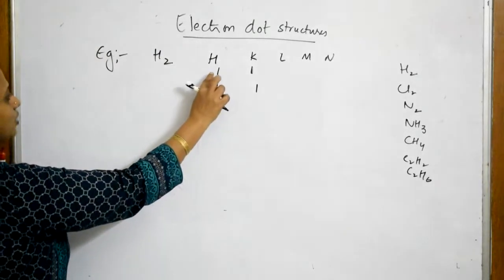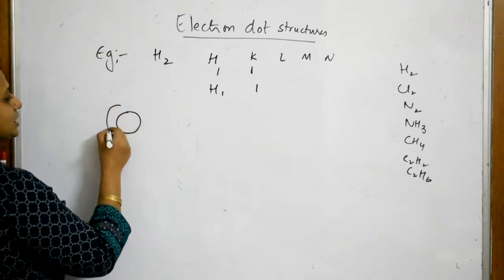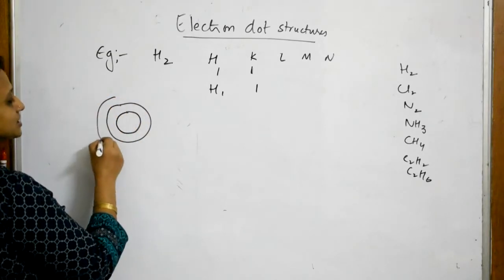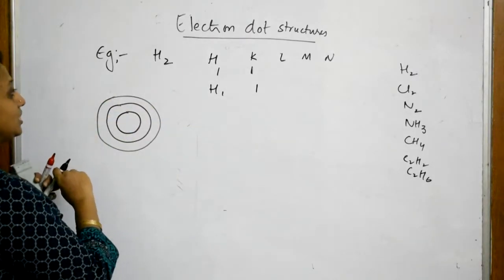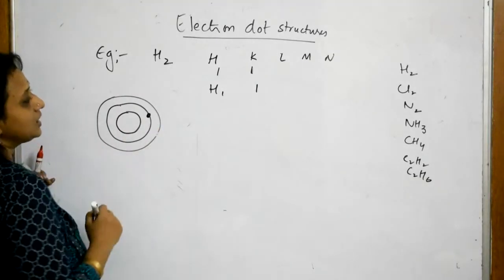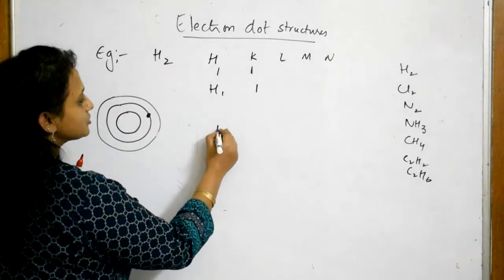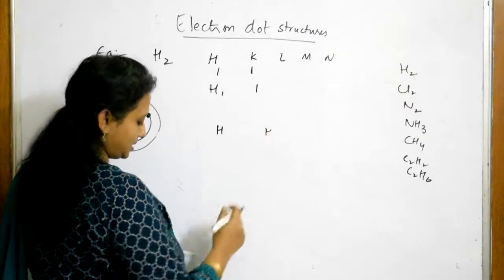So basically this is how hydrogen looks: this is the nucleus, this is the K shell, this is the L shell, then M and N. There is only 1 electron here. Now first you write one hydrogen, then write one more hydrogen a little bit closer.